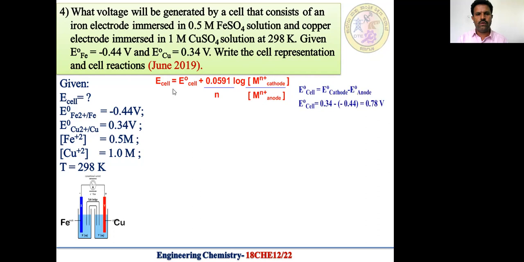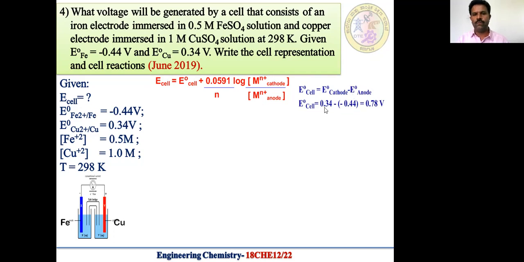First, to calculate the EMF of the cell, we should calculate the standard EMF of the cell. The standard EMF of the cell is equal to the standard electrode potential of cathode minus the standard electrode potential of anode.